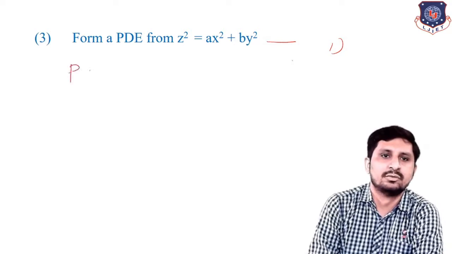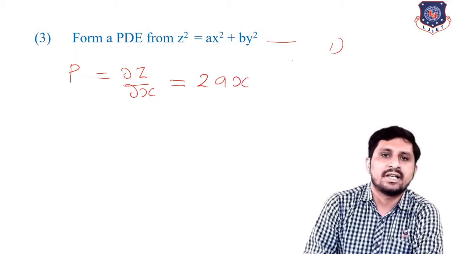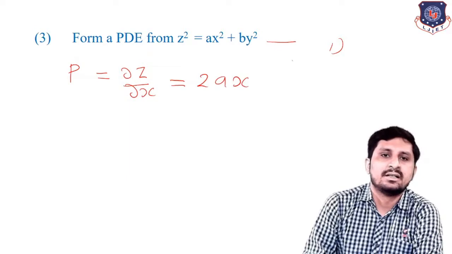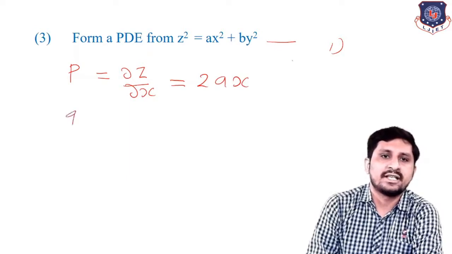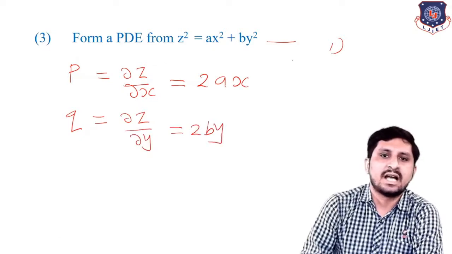So P is equal to, don't forget, P is nothing but del Z by del X. So P is equal to 2ax, differentiation of a x square. And when we are taking partial differentiation with respect to y, Q is equal to del Z by del Y, that is equal to 2by.